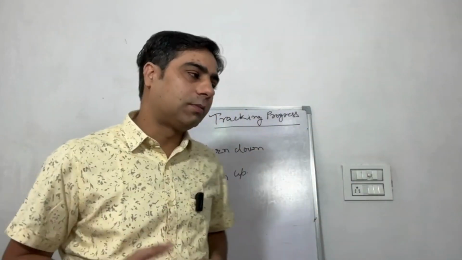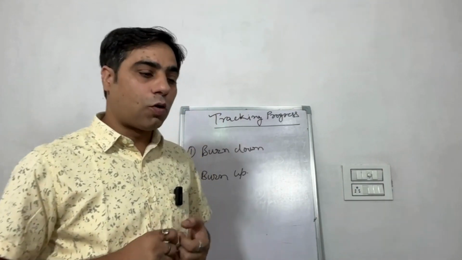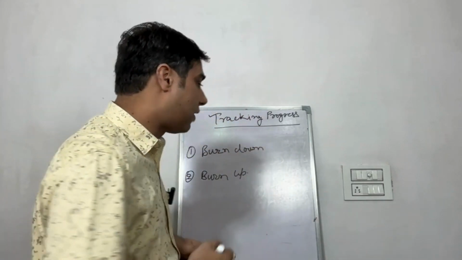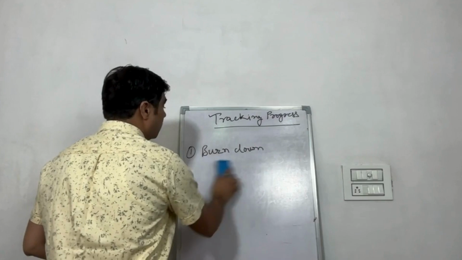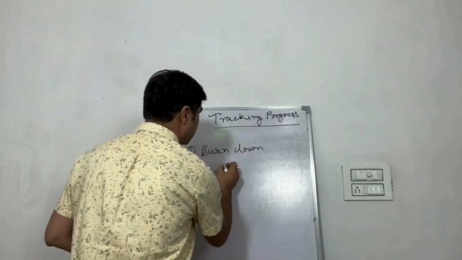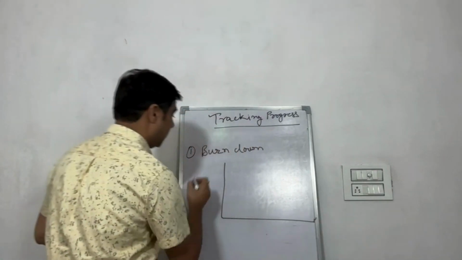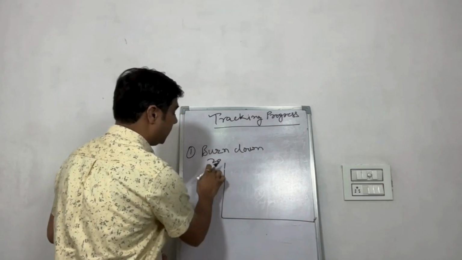A burndown chart shows how much time is remaining and how much work is remaining. Let's suppose you have a 10 days sprint, and you say we are going to deliver 20 story points.